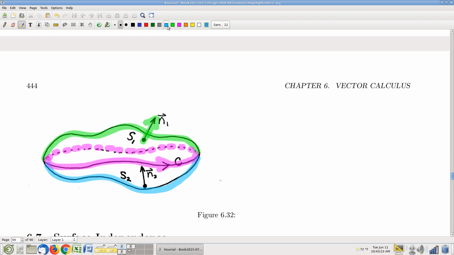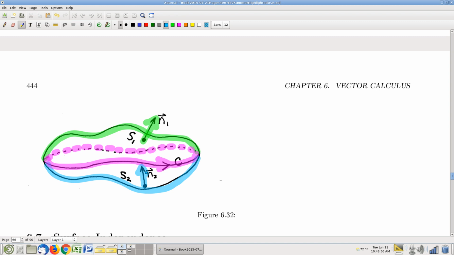Well, analogously, these two surfaces have to have the same boundary curve, by which I mean the same oriented boundary curve. So these two surfaces have to be oriented in such a way that they induce the same orientation on that boundary curve. And that means that, as I have the picture drawn here, both of these surfaces have to be oriented upward. So think about thumbs and swirls, and these two orientations will give the same orientation on the boundary curve.